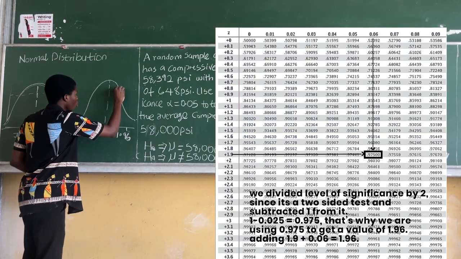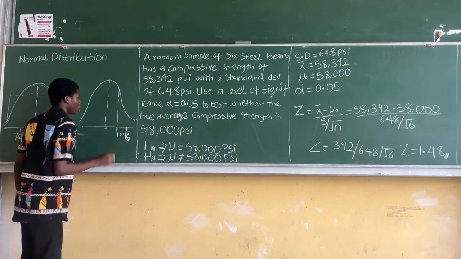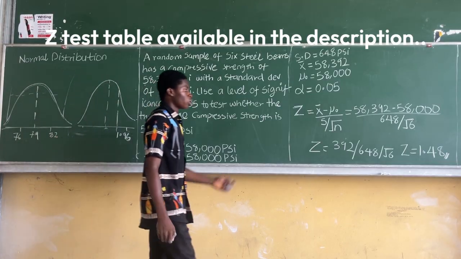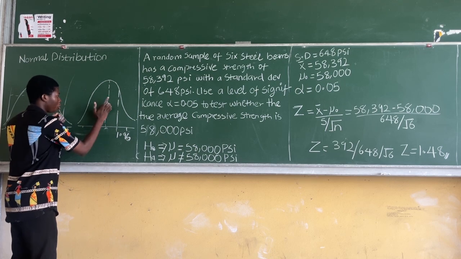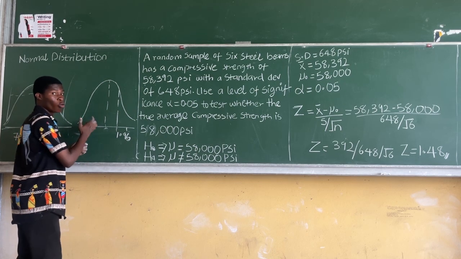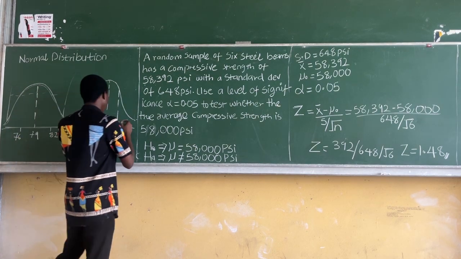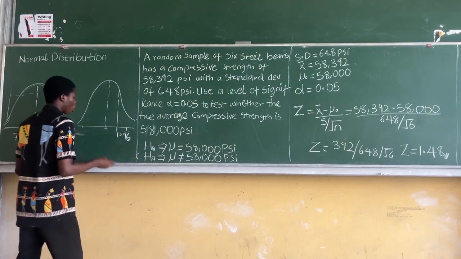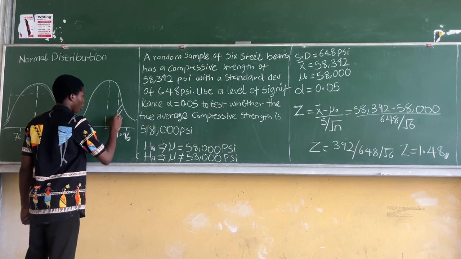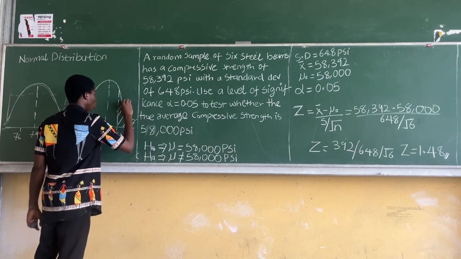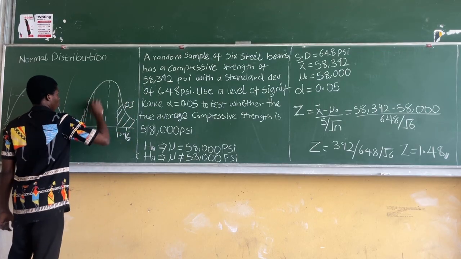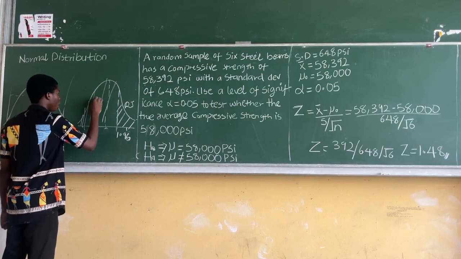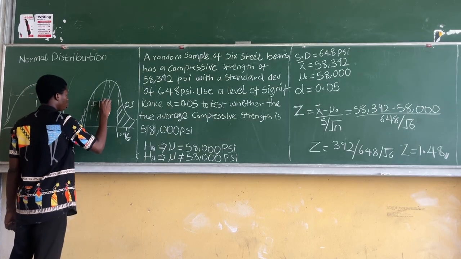So we'll be indicating it here. If 1.48 falls in this region, we'll fail to reject. But if it falls beyond this region, we are going to reject it. So we'll call here the reject region and call here the fail to reject region.